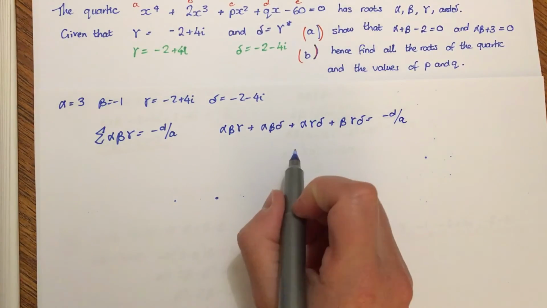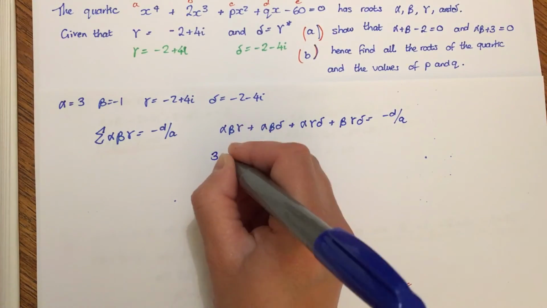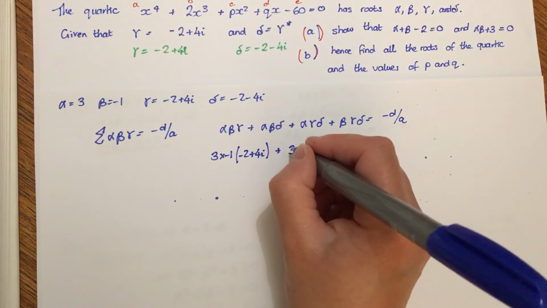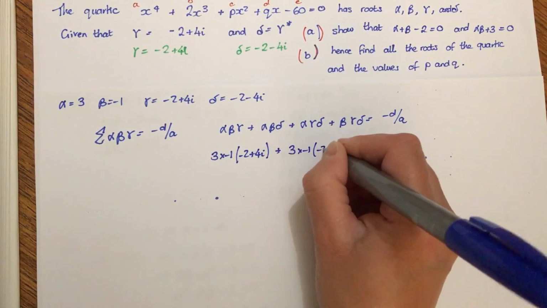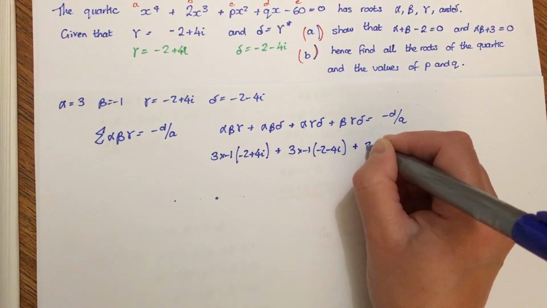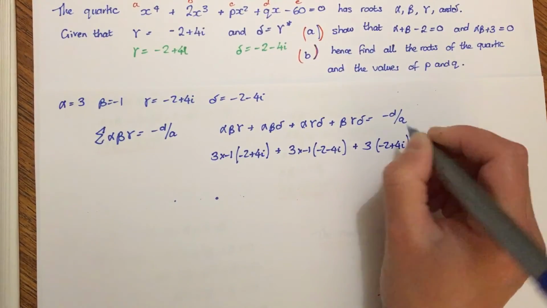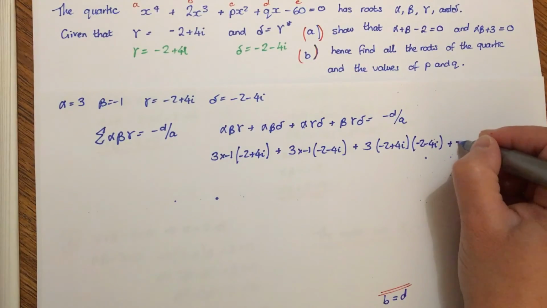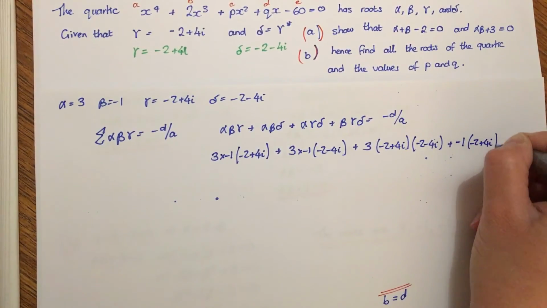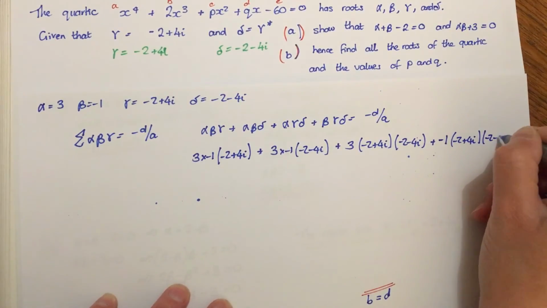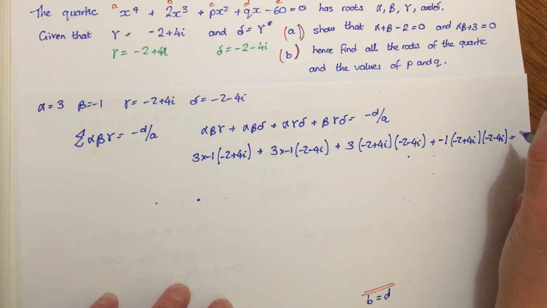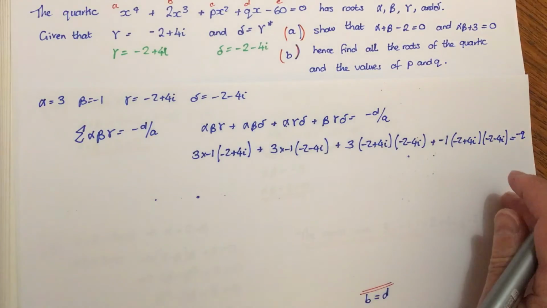And then all we do is exactly the same as we did for the last question. So alpha 3, beta minus 1, gamma minus 2 plus 4i, plus alpha 3, beta minus 1, delta minus 2 minus 4i, plus alpha, gamma, delta, plus beta, gamma, delta, and that's equal to minus D, so minus Q over A, which is 1, minus Q. And then you want to multiply all of those out in exactly the same way.